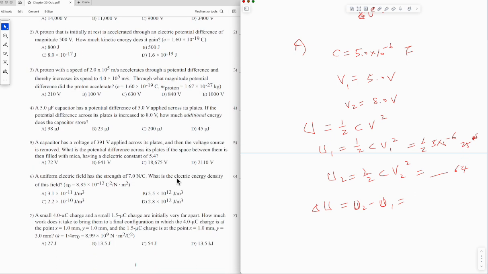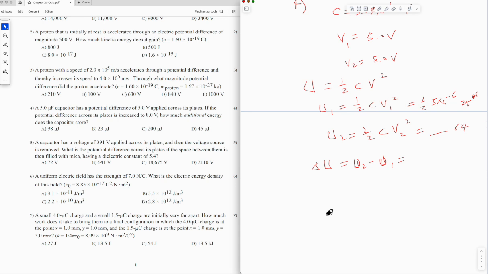All right, number 5. A capacitor has a voltage of 391 volts applied across its plates, and then the voltage source is removed. So what happened here is this is a capacitor, and this is the voltage source, and you connect them.